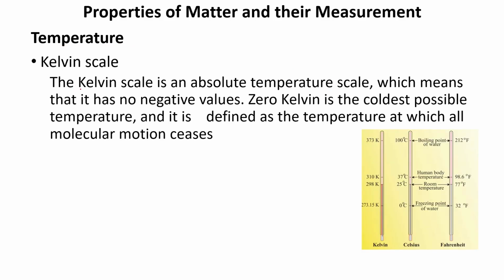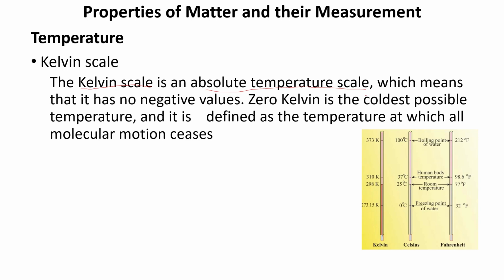The next one is the Kelvin scale. Although this Kelvin scale is not used in our day-to-day life, it is the most scientific one, because every scientific calculation that we do in our books or in our labs is based on this Kelvin scale. So it is the absolute temperature scale, which means it does not have a negative value.